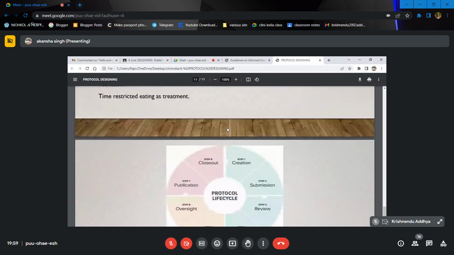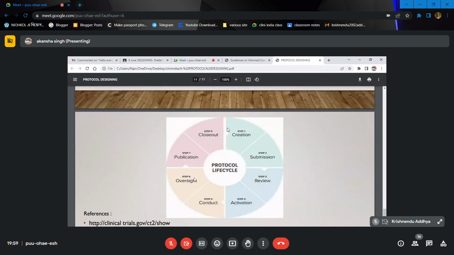Now the life cycle of a protocol. First, we have to create a protocol on the sponsor end. It is created by the sponsor and then submitted to the regulatory body. The regulatory body and ethics committee review the protocol, and based on that they give a green flag: yes, you can do the clinical trial activation. It gets activated.